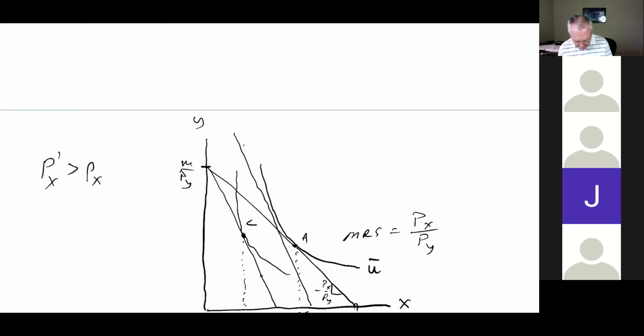And right at this point here, where the slope of this is now the negative of my new price ratio, and this is the same here. Right at this point, the original indifference curve is just tangent to the new budget line. So right at this point, and we call this point B, at point B, that must mean the marginal rate of substitution is equal to the new price ratio.